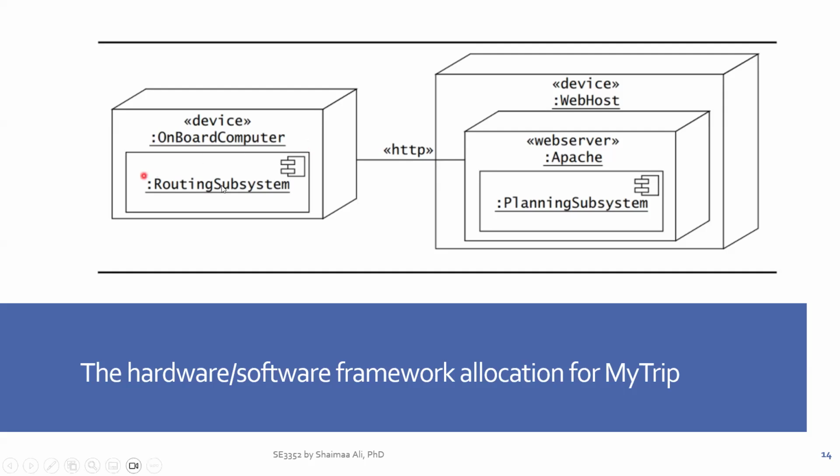So that's the case here. We don't have a web browser or a web client. Our component that would be running here would be acting as the client. And since this is a web server, the communication would be based on the HTTP protocol.